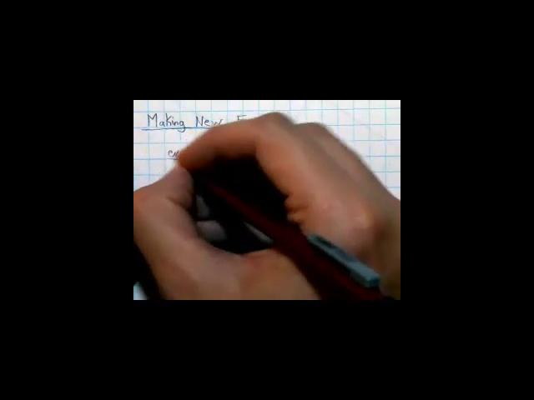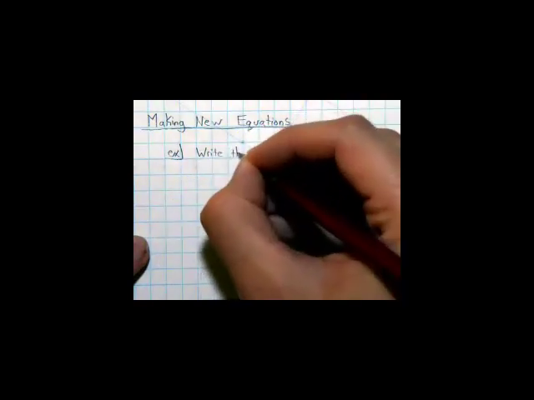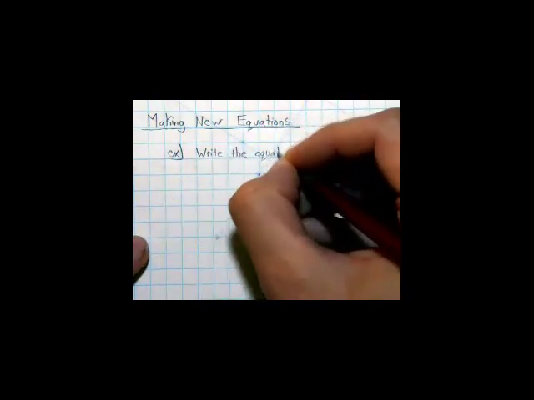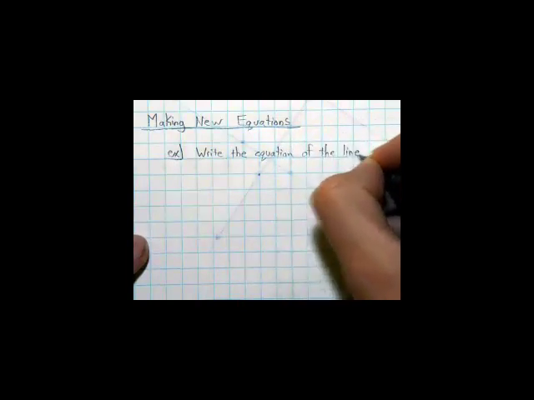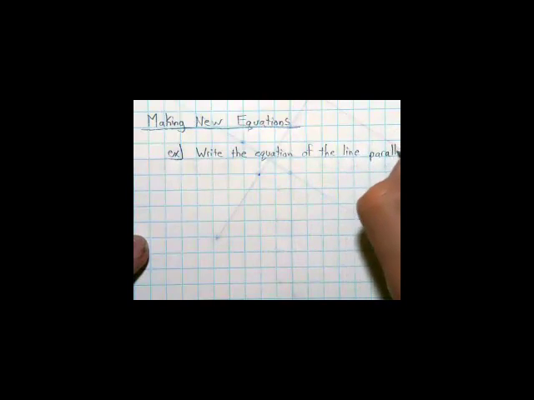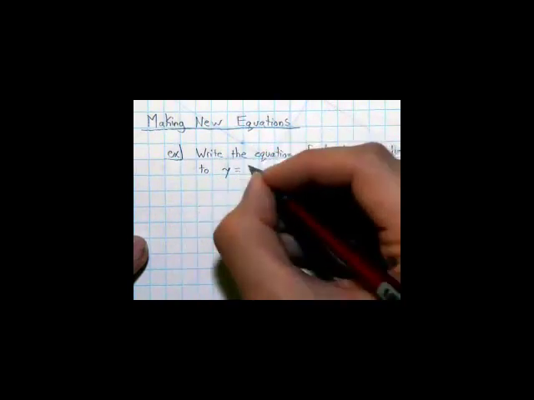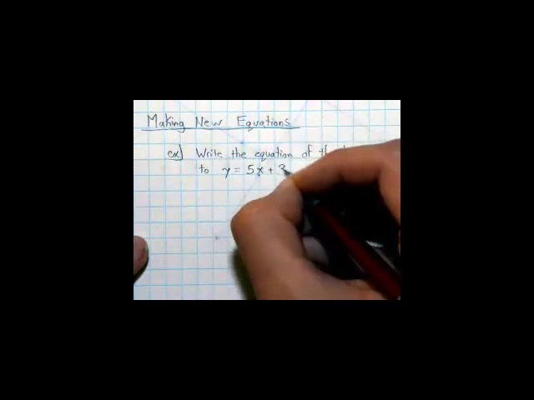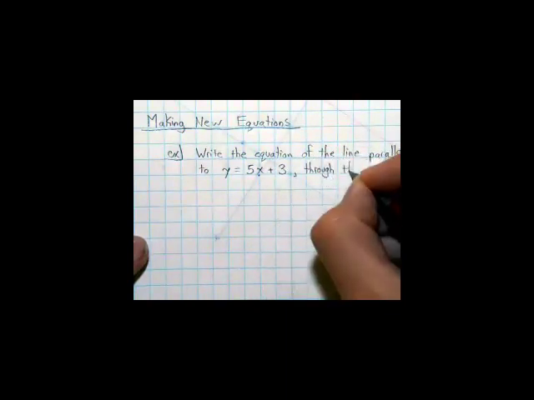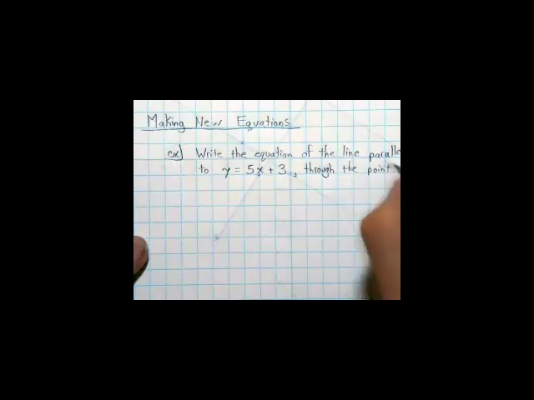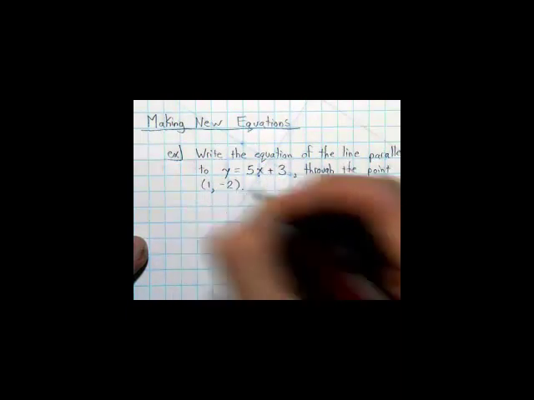So let's say I want to write the equation of the line parallel to y equals 5x plus 3 through the point 1, negative 2.